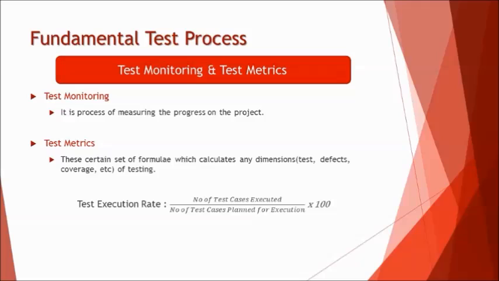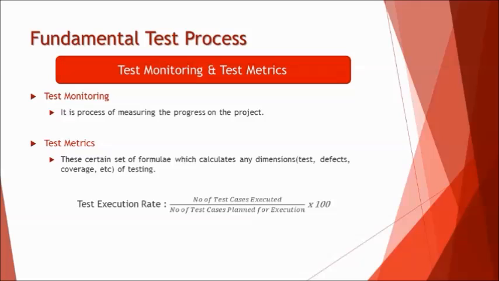Now if you see here, on day 1 you executed 10 test cases out of 10 and you achieve a 100% execution rate, whereas on day 2 it is 10 out of 10, day 3 10 out of 10. But what if on day 4 you see it's 9 out of 10, which is giving you only a 90% execution rate?